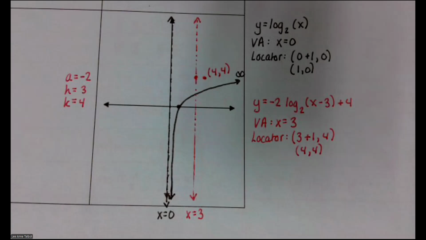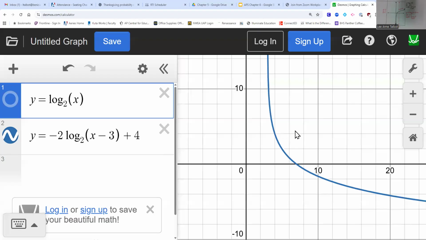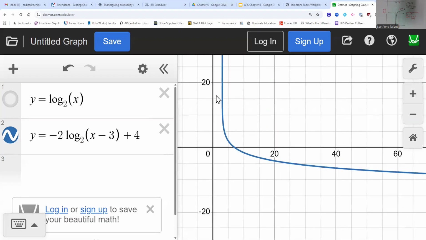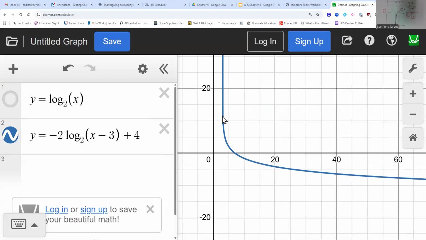Okay, now I'm going to show you what this guy looks like on Desmos so you can sketch him in. So he goes along the asymptote this way and then comes down in the opposite direction.